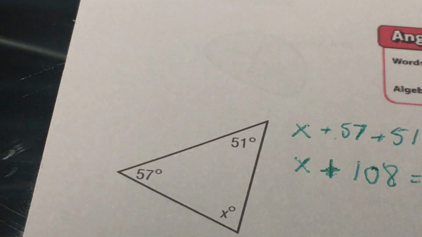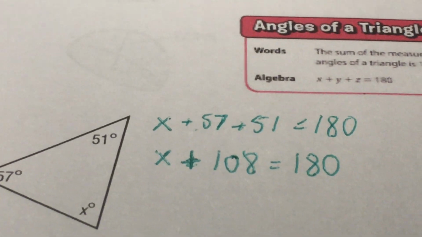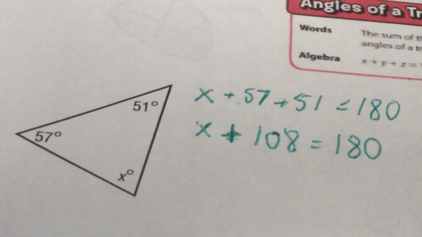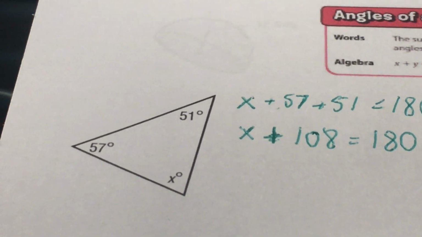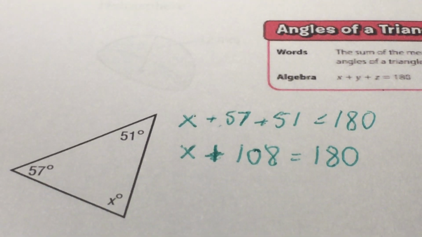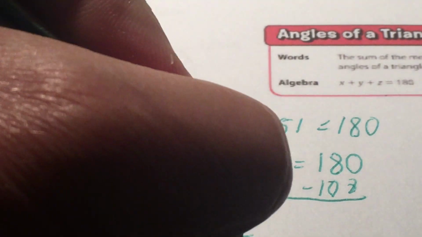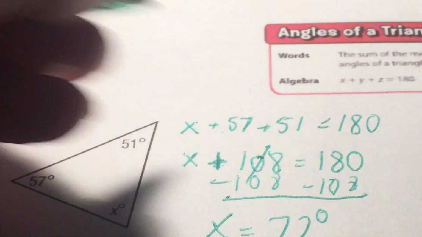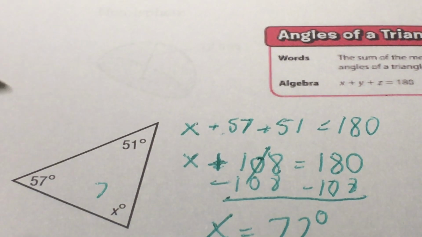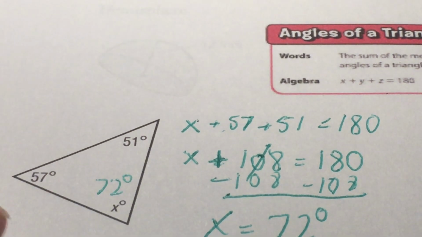Well, that becomes x plus 108 is equal to 180, because those two there give me that 108. So now here I subtract that 108, and I get x equal to 72 degrees. So that angle right there would now be 72 degrees.